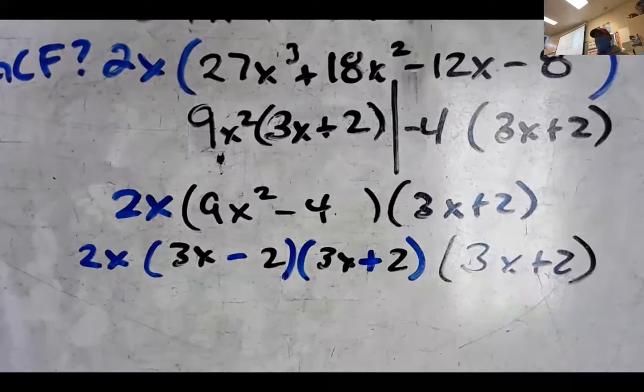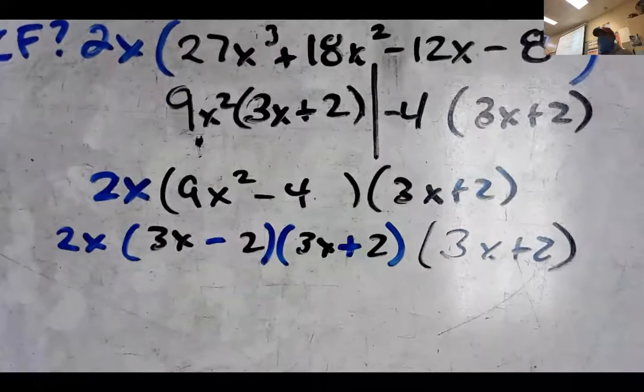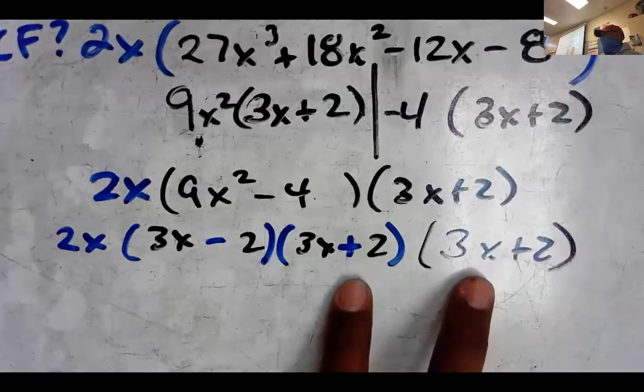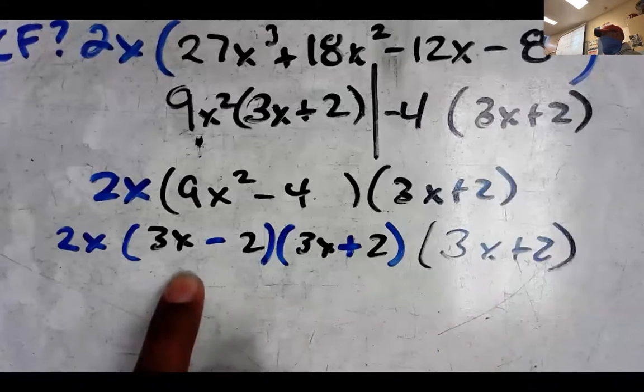All right. Now, take a look at it one more time. What do you guys notice about the factors? What do you guys see? Are they all the same? Well, not all of them are the same, but some are. Which ones are the same? Right, the 3x plus 2, because that's not the same, right?